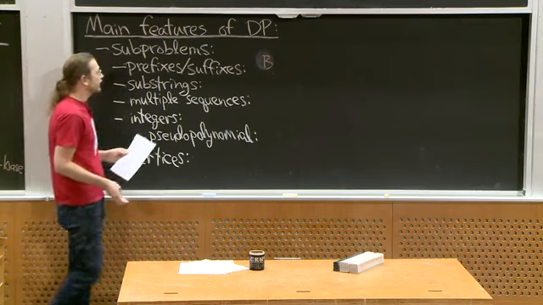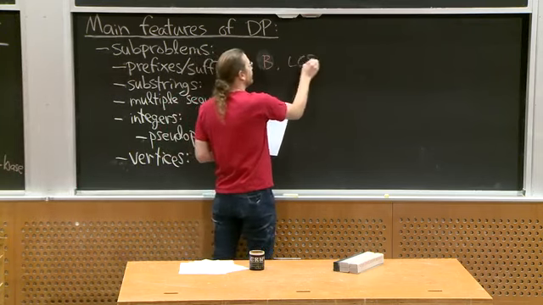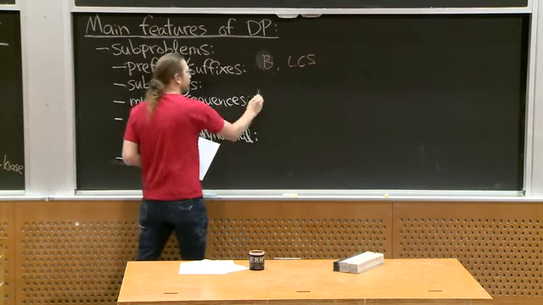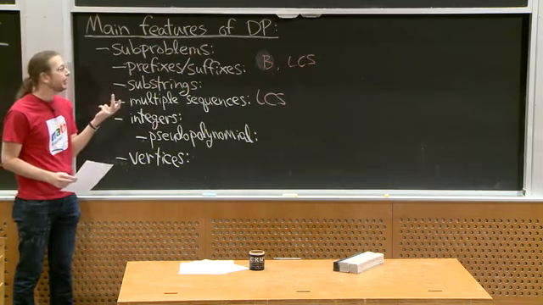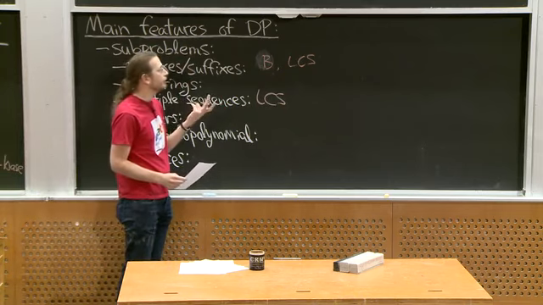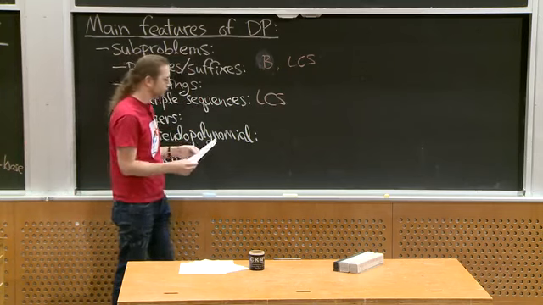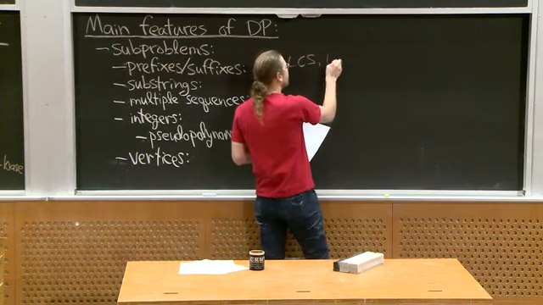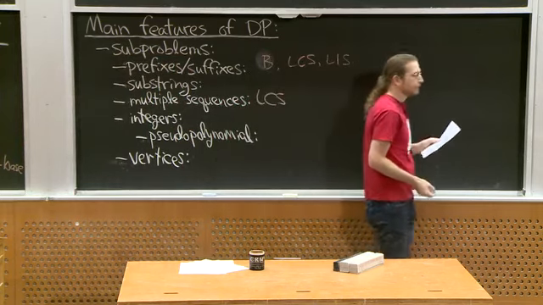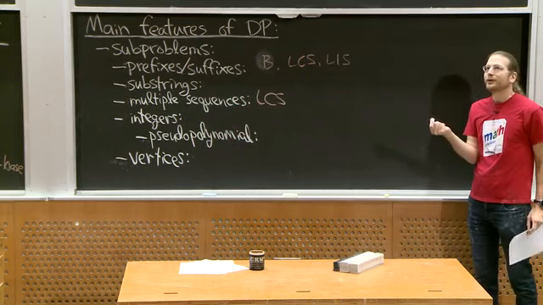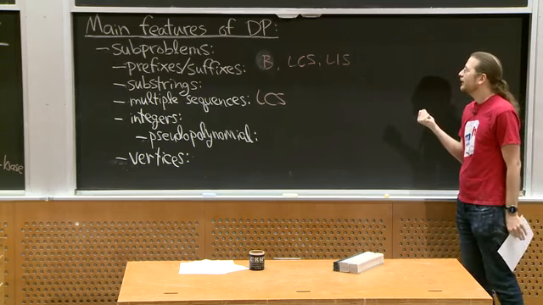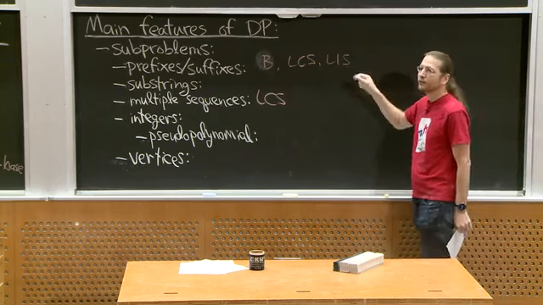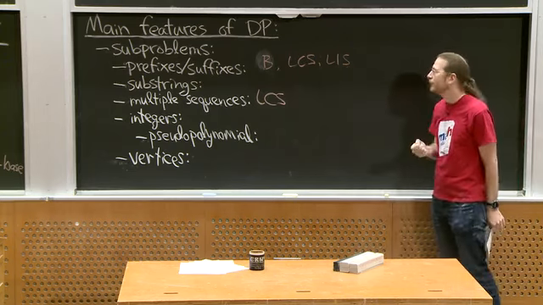Also for LCS, we had to take 2 different sequences, but then we just guessed what happened with the first 2 items of each sequence. And so that only left us with suffixes. With longest increasing subsequence, again, we assumed that the first item was in the longest increasing subsequence, and then we tried to guess what the next item was. But that, again, eliminated everything in between, so we were just left with a suffix.